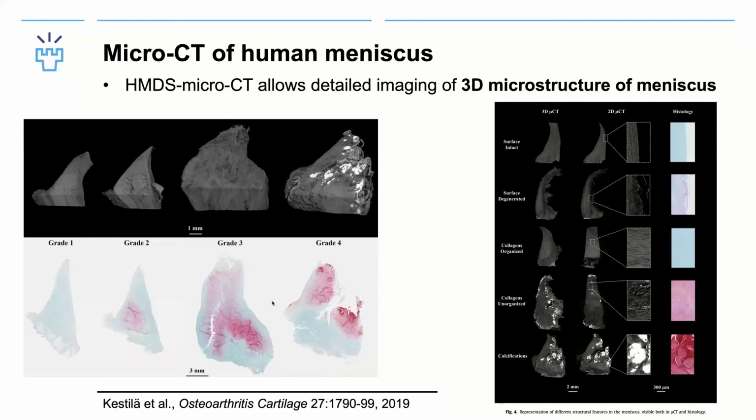And we found out that this dehydration HMDS contrast method seemed to work really nicely and give really nice images also of the meniscus. We saw that it is very much comparable to conventional histology. So here we validated the imaging technique against histology.